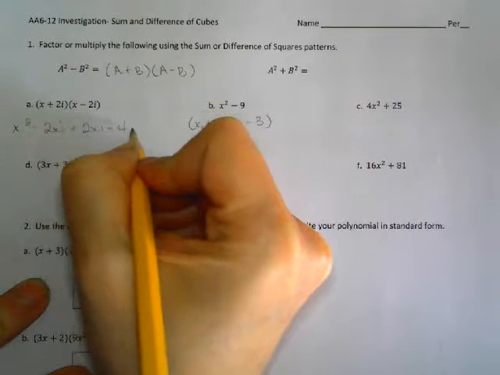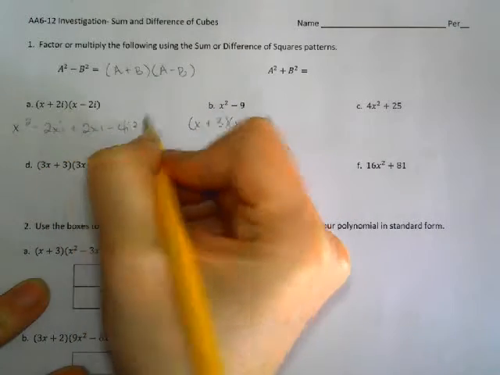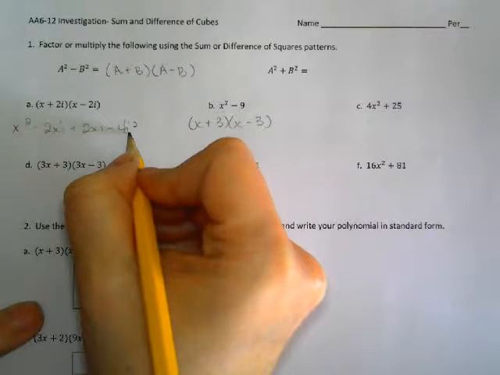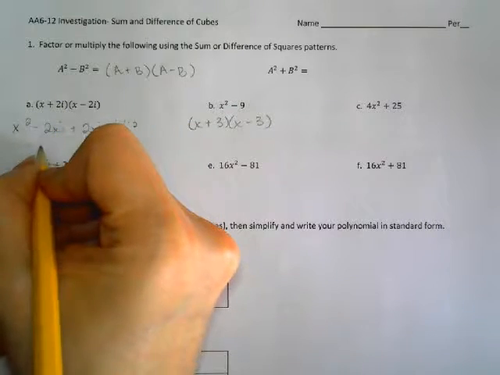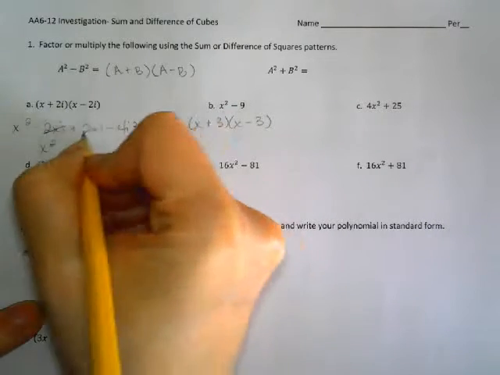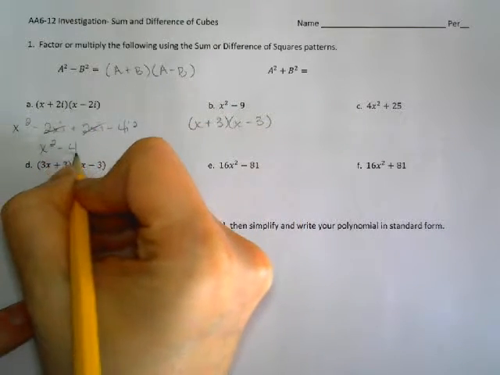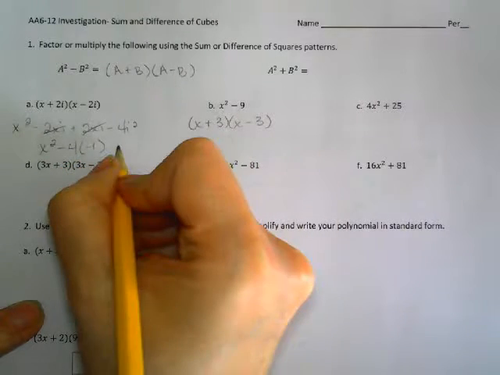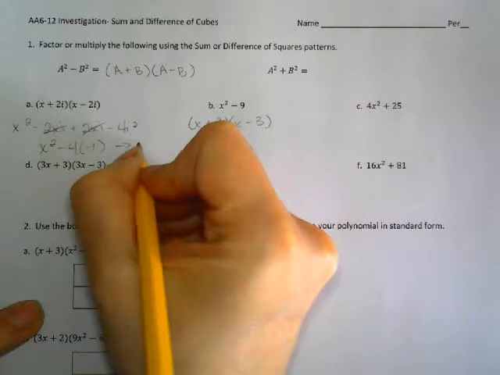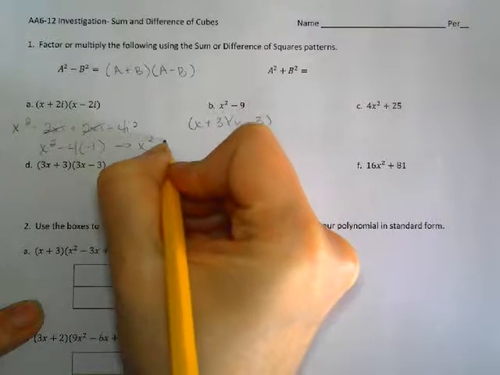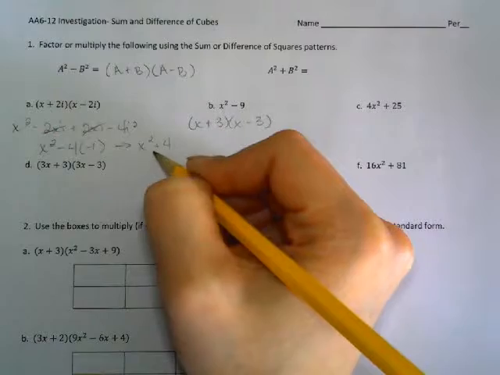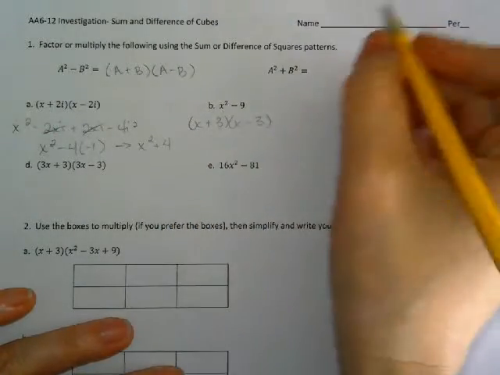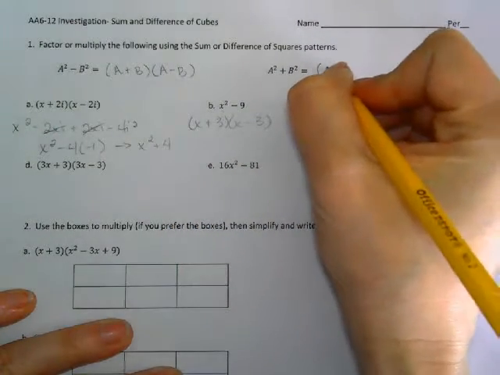So we've got x squared, those two add out, minus 4 times negative 1, which is x squared plus 4. So that's how we get the sum of squares as opposed to the difference of squares. We have to have imaginary numbers in there. So this would be a plus bi times a minus bi. So that i has to be present in order to have that sum of squares.